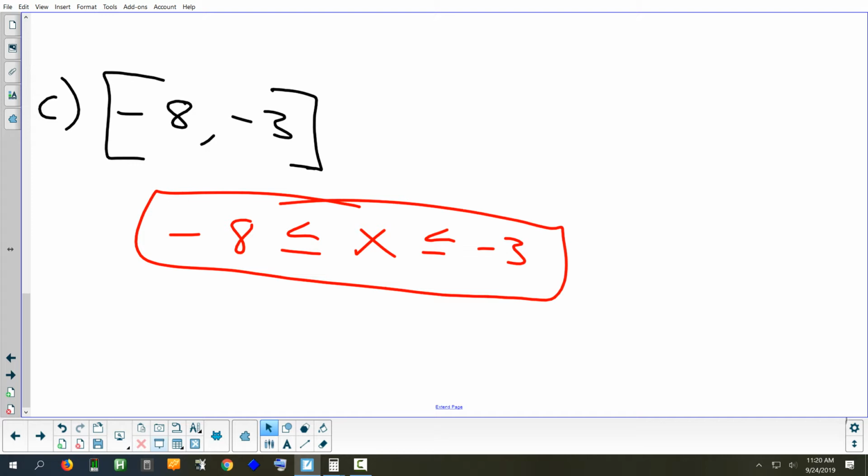So it's basically all x's between -8 and -3, including -8 and -3. Any questions on that one? If on a test or homework they ask you to describe the interval that's a solution, you can do interval notation, or you can do it as an inequality. If they don't say which way, pick whatever makes you happy.